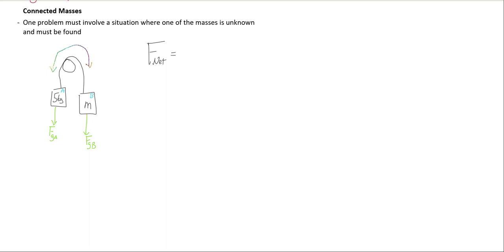So we need to choose one to be winning, just arbitrarily. For the sake of argument, I'm going to say that the 5 kilogram mass is winning and the M is not. So looking at my net force equation, that means FGA minus FGB.